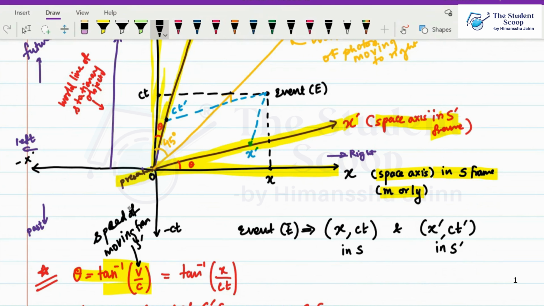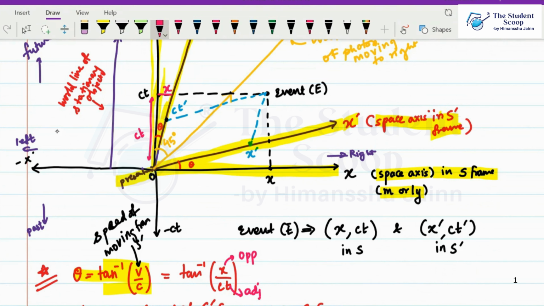Okay, and it can be taken as this distance. So if I take this distance as my x and this distance as my, let's say, ct, then it can be x by ct. So don't get confused about it. It is a position or a time. It is just that if I measure on the graph this much length and this much length, it can be the opposite side upon the adjacent side of the triangle that the axis traces. And this is how we can determine the theta as well.